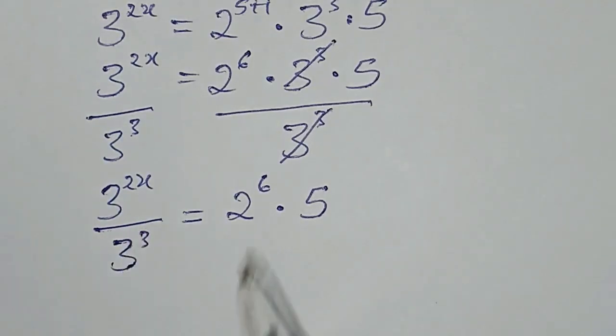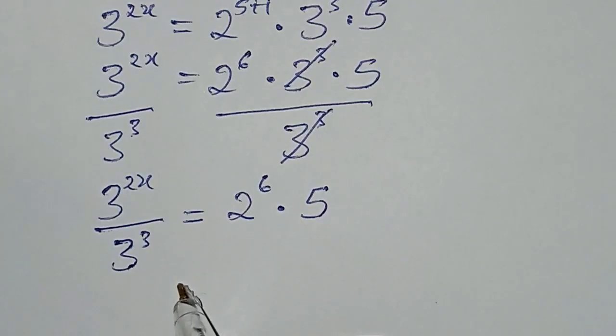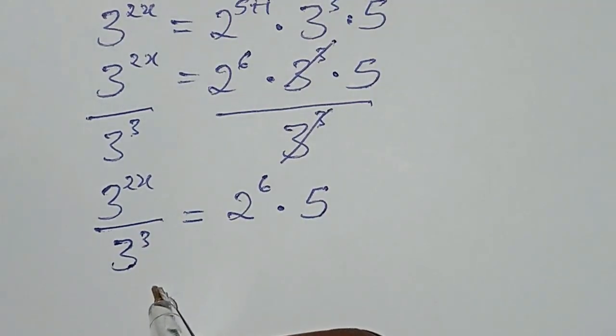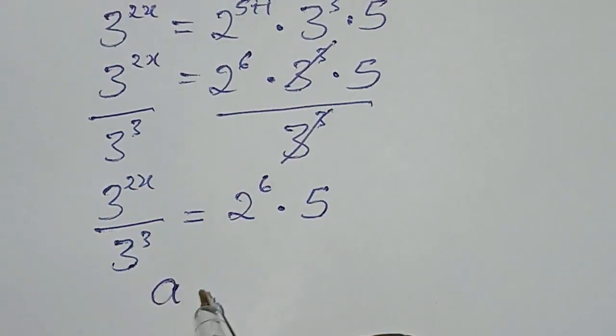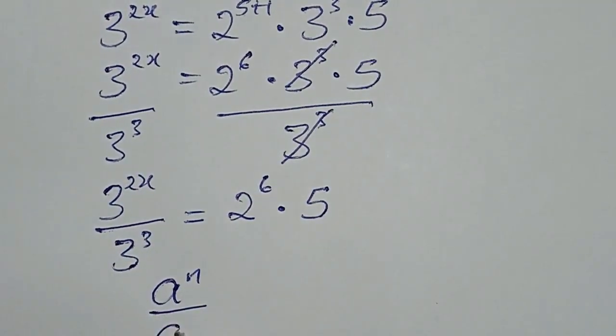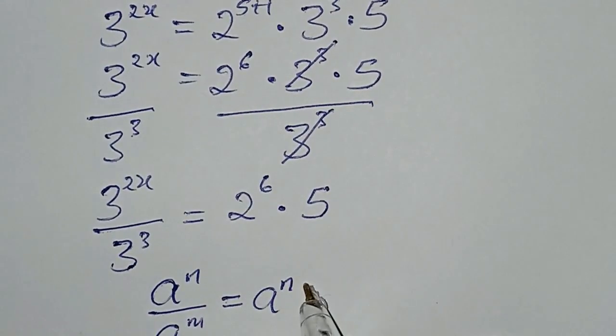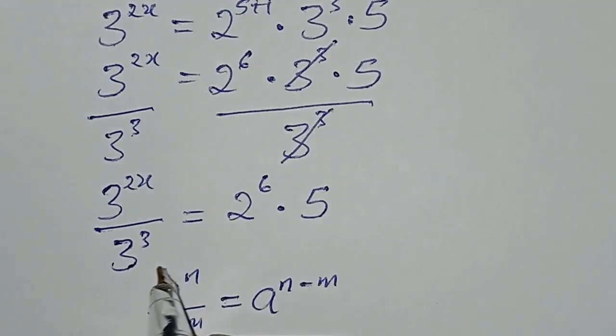For the left hand side, we can simplify this considering our exponential identity, which implies a^n over a^m can be written as a^(n-m).